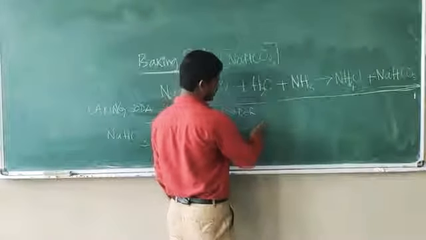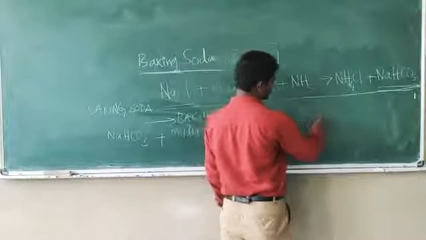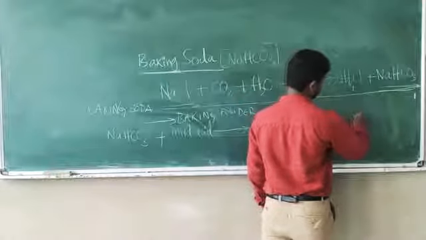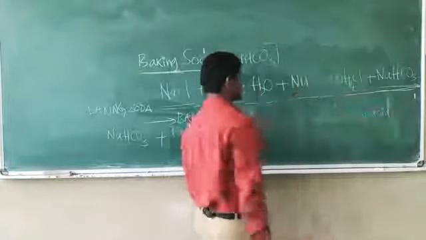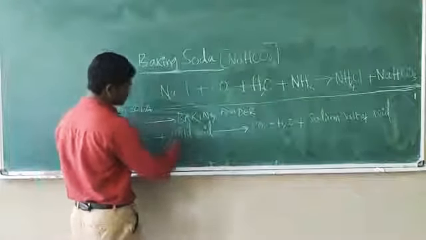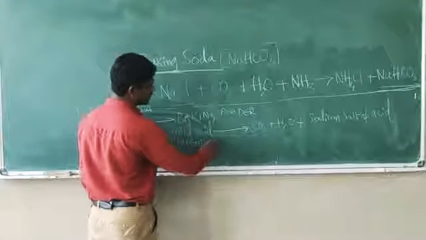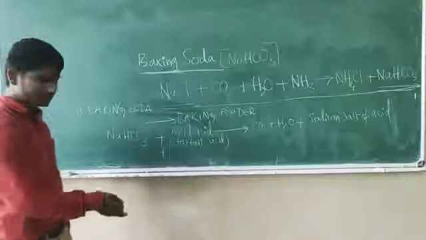So what we are going to get is CO2 plus H2O plus the sodium salt of the acid. For example, if you add a mild acid like tartaric acid, there is an acid called tartaric acid. Mild acid means not a strong acid, it's a weak acid.